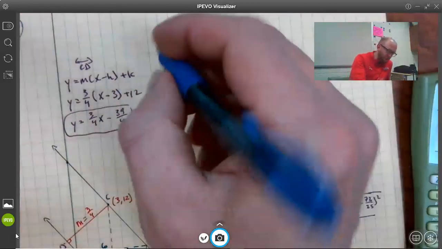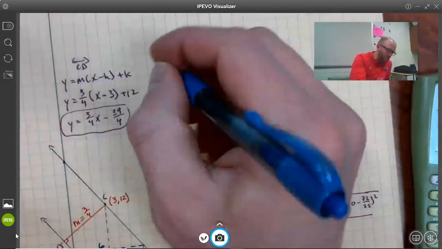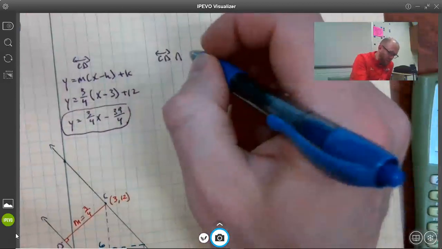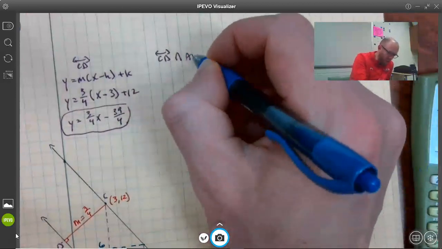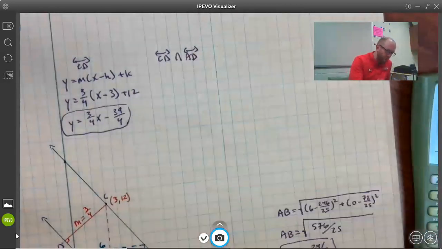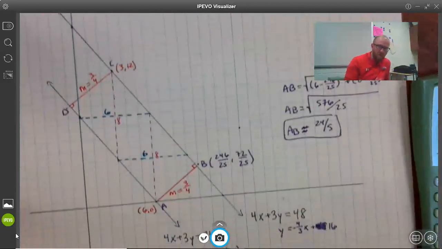Okay, so next we're going to find the point D down here, which is the intersection of CD and AD. So we'll take the equation for this line over here.